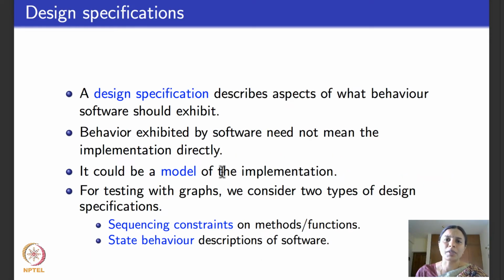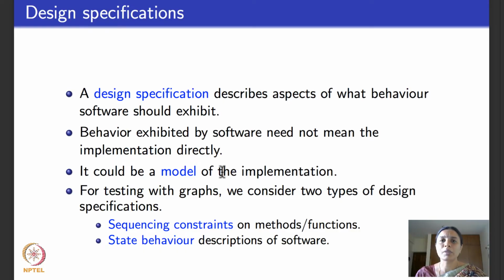What is a design specification? As I told you, design describes what the modules in the software are, how a software is broken up into its components, and how they interact with each other and what happens. The design specification talks about what requirements or constraints need to be satisfied by the design that is being written, and is a baseline to make the design correct.